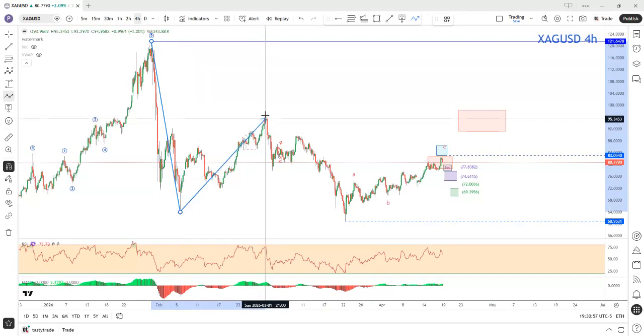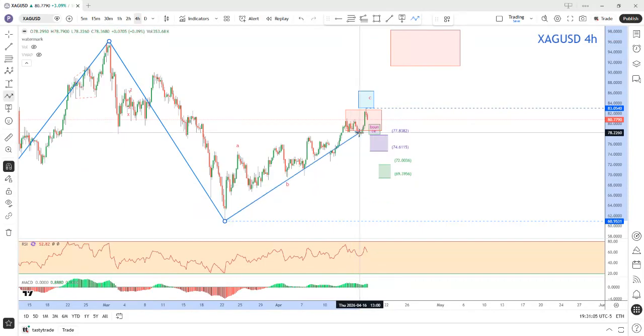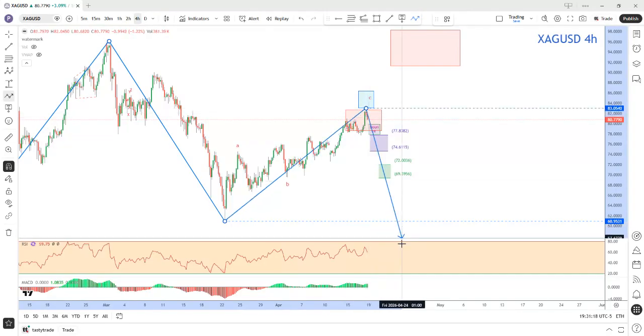A, this was B, and then they're making a diagonal going down. 1, 2, 3, and this was 1, and then this ABC, that's 2. And this red box is the perfect area for the wave 2 to stop at before you would head south.